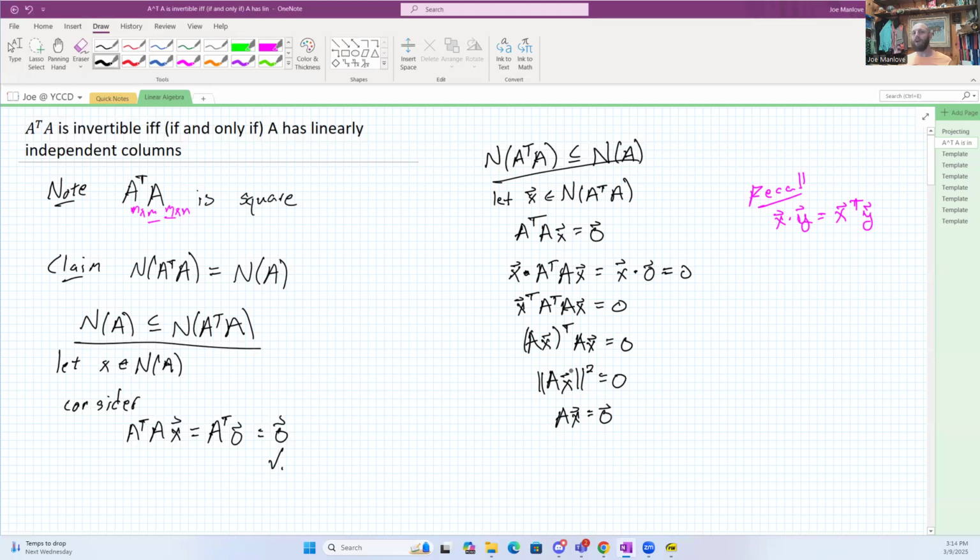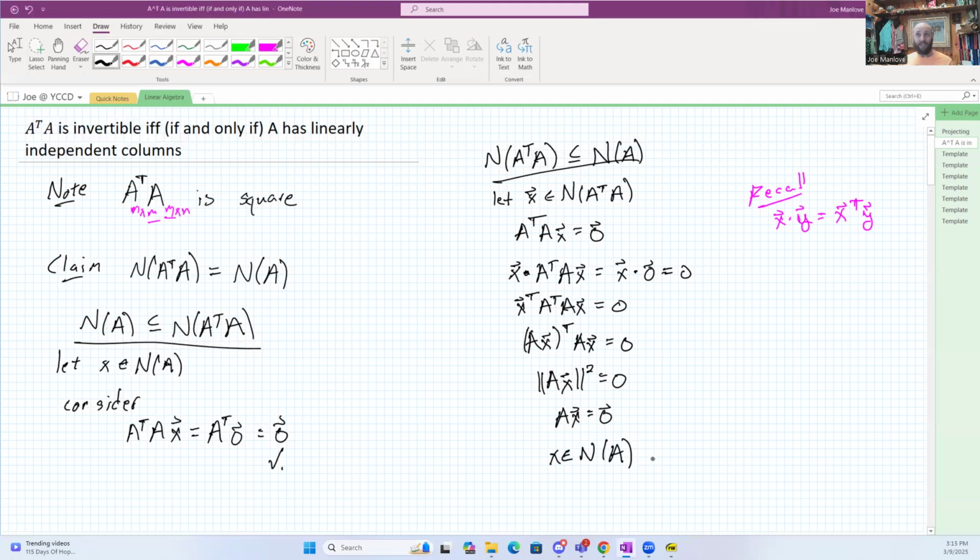Because the dot product of AX with itself is zero, the magnitude of the vector AX squared is zero, and the only vector with a magnitude of zero is the zero vector. So that tells me that X is in the null space of A.